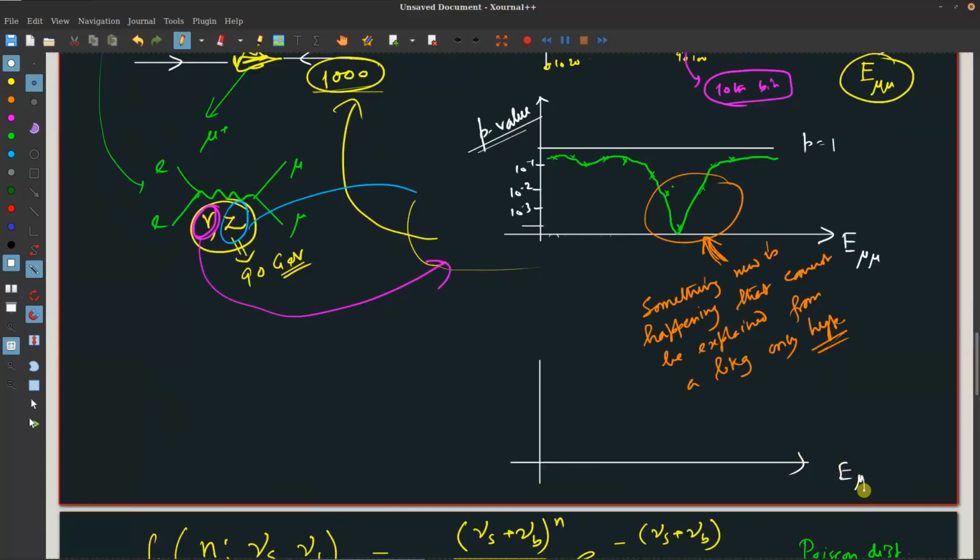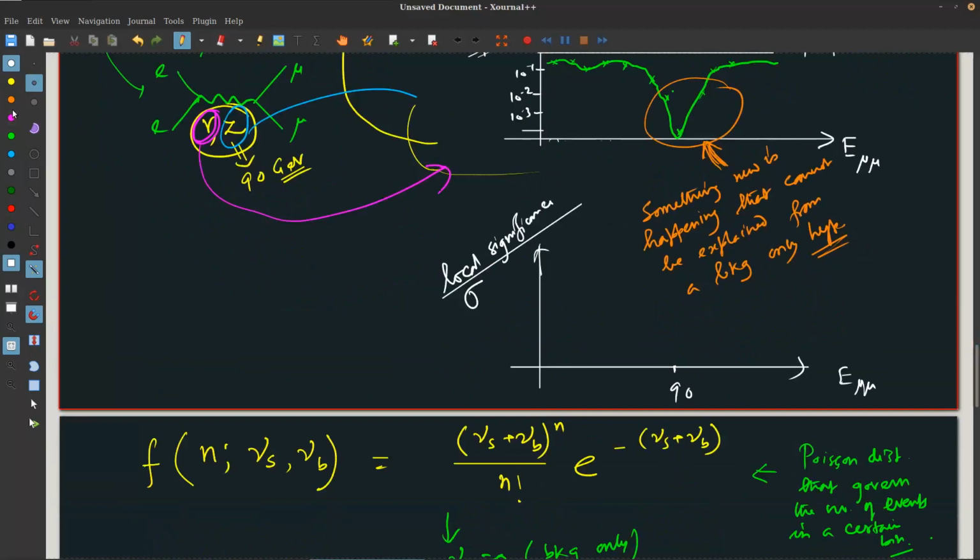There are many ways to represent this kind of data, and this significance I am intentionally writing as a local significance. That is in terms of sigma, and then you will have a plot. Near E mu mu equals 90, you will see that the significance is bumping up. So this is 3.6.